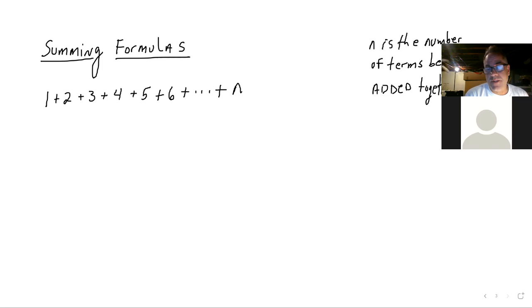Now, Gauss, again, as a little kid, a 6-year-old boy, added up the numbers from 1 to 100 and figured out a pattern way to do that. But when he was about 20, he figured out that if I take the number of terms that I've added up in this particular sum, which, since it's consecutive counting numbers starting at 1, if I add it out to 200, I've added up 200 terms.